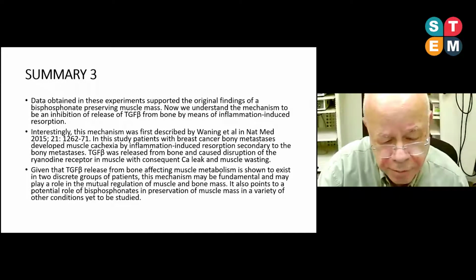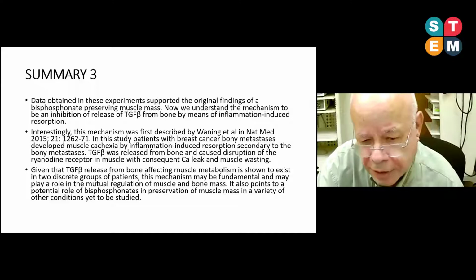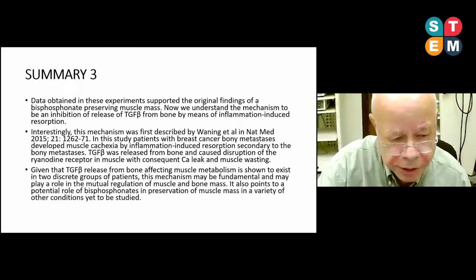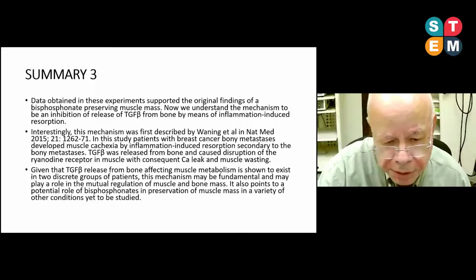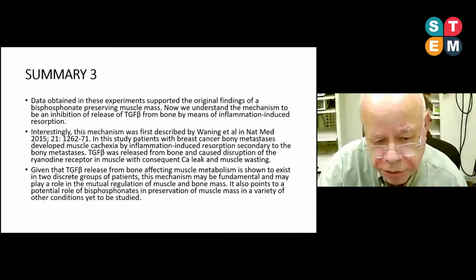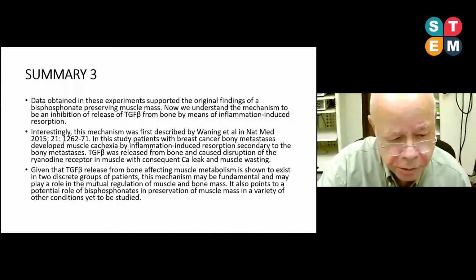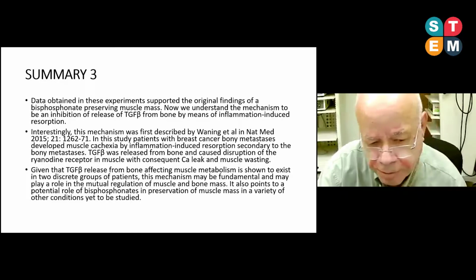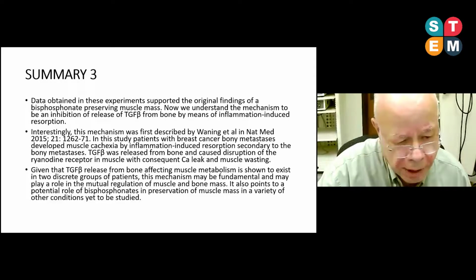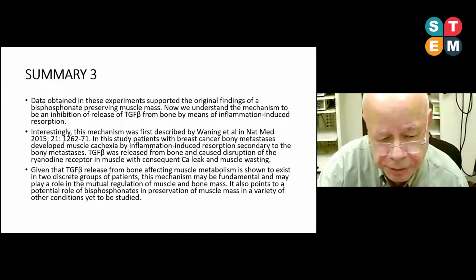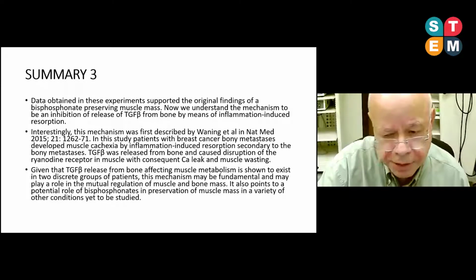Given that TGF-beta release from bone affecting muscle metabolism is shown in two discrete groups of patients, this mechanism may be fundamental and play a role in mutual regulation of muscle and bone mass. It also points to a potential role of bisphosphonates in the preservation of muscle mass in a variety of other hyperresorptive conditions, yet to be studied.